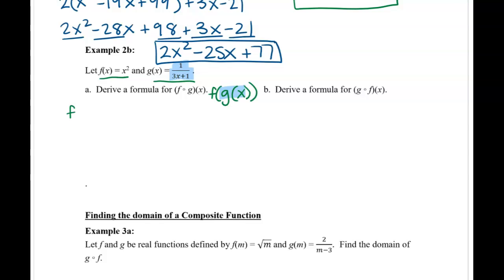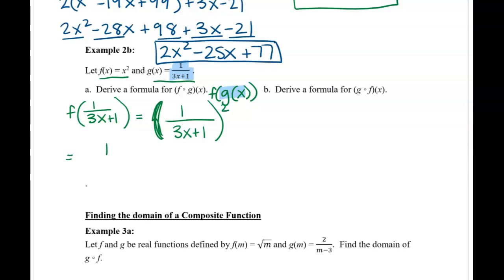So this is like f of 1 over 3x plus 1, which is just 1 over 3x plus 1 squared.